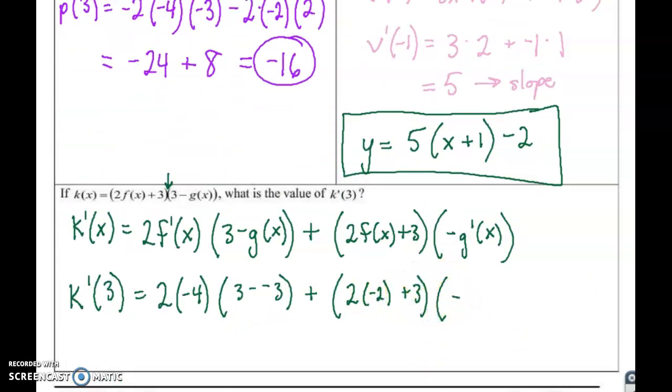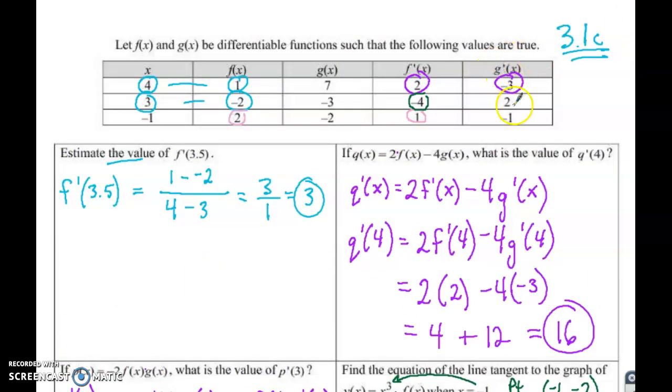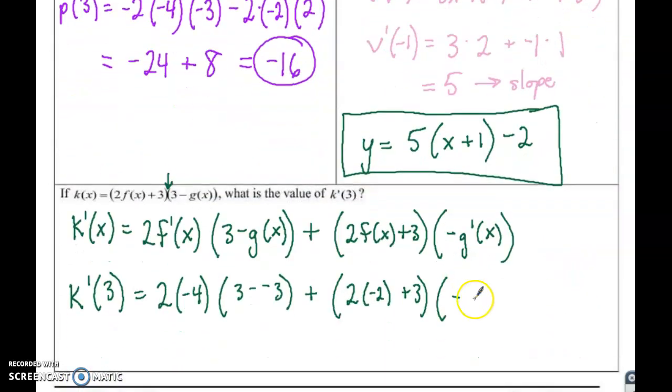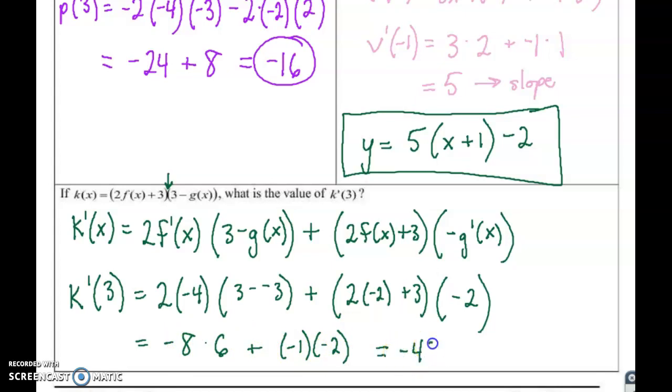Times the negative of g prime of 3. G prime of 3 is 2. And then it's just a lot of simplifying. So I would go ahead and do it my own way, but negative 8 times 6, and then what would that be? Negative 4 plus 3 would be negative 1 times negative 2. So I'm looking at negative 48 plus 2. It would be negative 46.